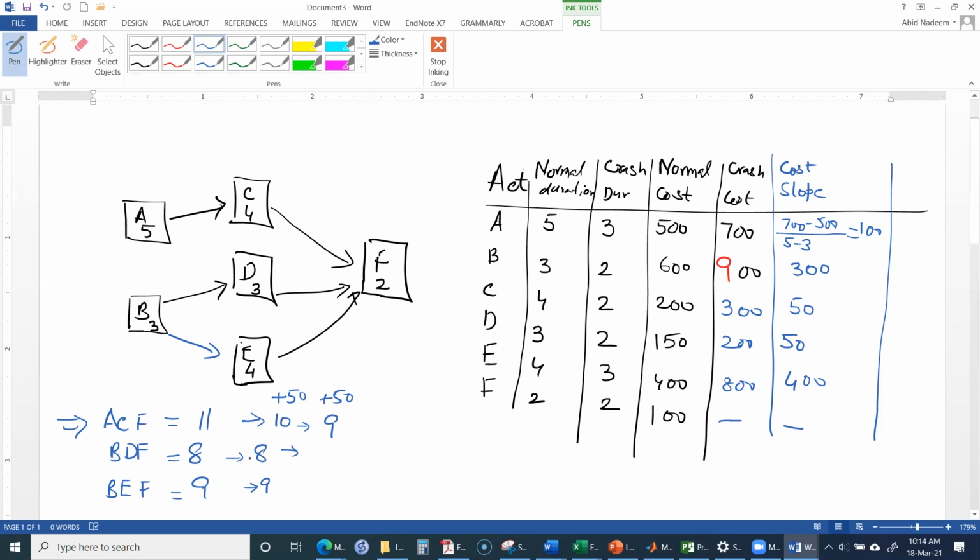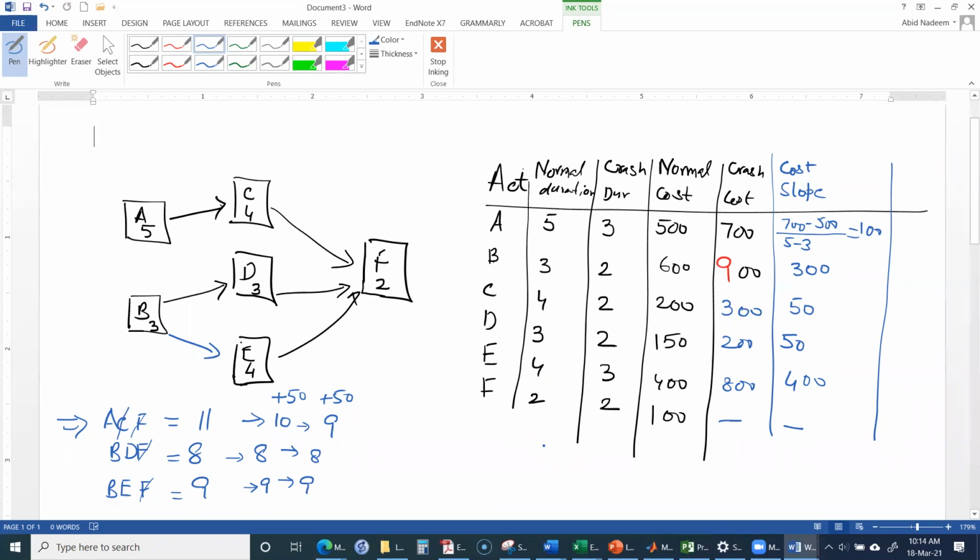The other paths remain 8 and 9. F we cannot consider in the analysis because we cannot crash activity F. But by reducing the duration of C from 4 days to 2 days, we have fully crashed activity C.